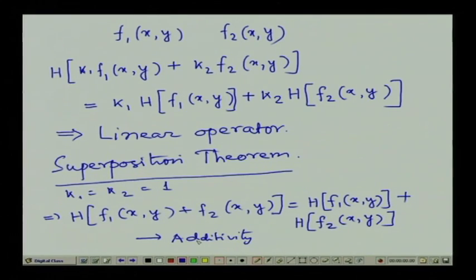So, the additivity property simply says that the response of the system to the sum of two inputs is the same as the sum of their individual responses. Here we have two inputs f1(x,y) and f2(x,y).